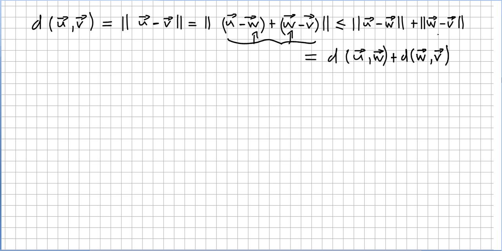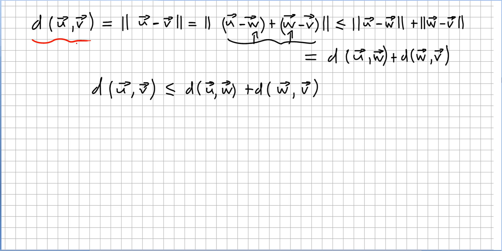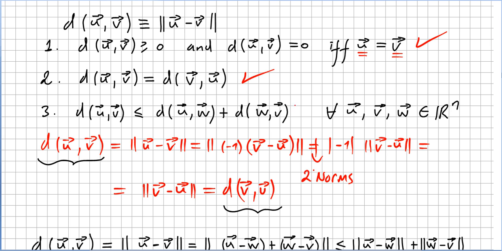What is the norm of this vector w minus v? That's the distance between w and v. So the conclusion is that the distance of uv is smaller or equal to the distance of uw plus the distance of wv. And that concludes the proof for this third property of distance.